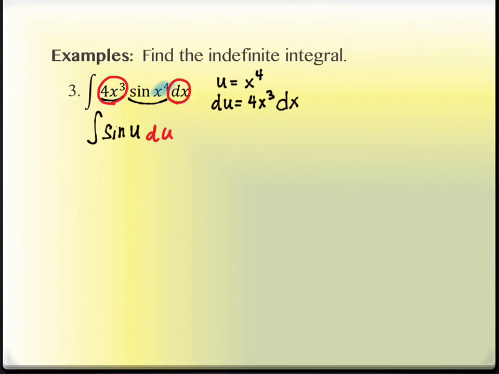So I have the antiderivative of sine of u du. What's the antiderivative of sine? Good. Negative cosine of u plus c. And then replace my u. So it's negative cosine x to the 4th plus c.